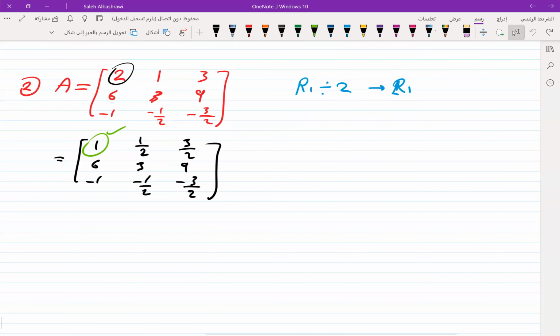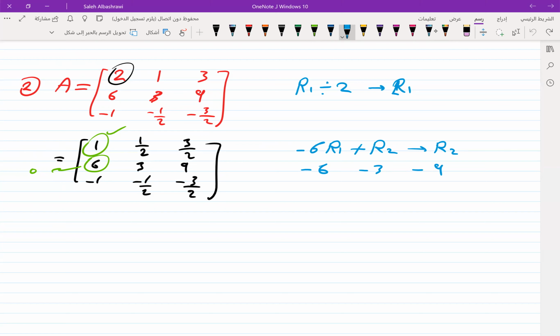Now I need to make this number equal to 0. To make it equal to 0, I'm going to multiply the first row by minus 6. Let's say minus 6 multiplied by R1 plus R2 and put it in R2. Minus 6 times R1 will give me minus 6, minus 3, and minus 9.